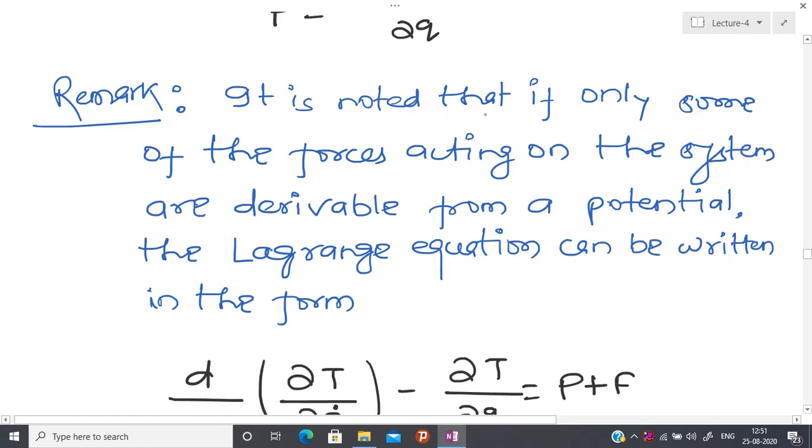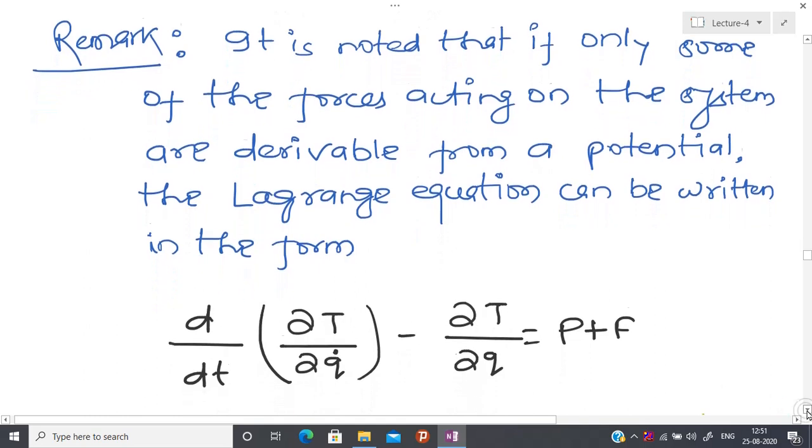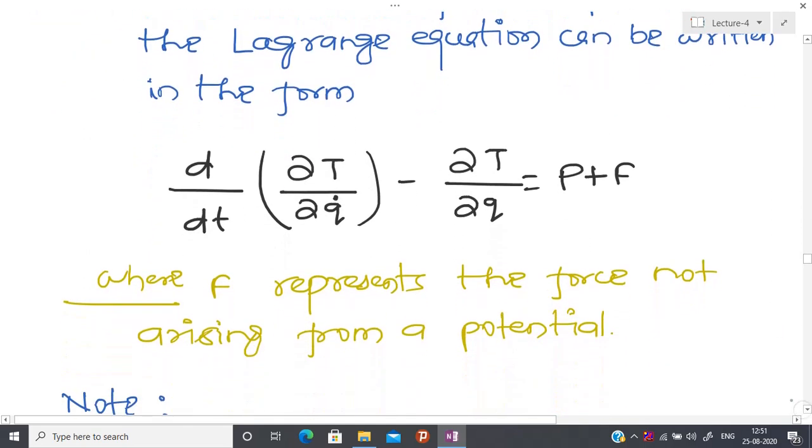It is noted that if only some of the forces acting on the system are derivable from a potential, then the Lagrangian equation can be written in the following form. Here I have P and I have F, and F is some other force that does not arise from a potential energy.